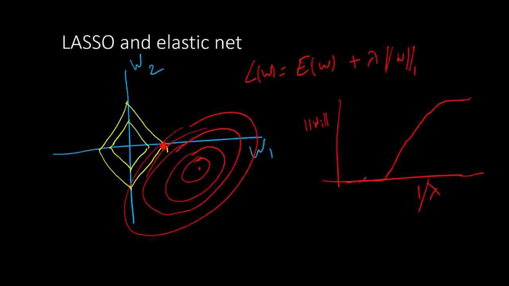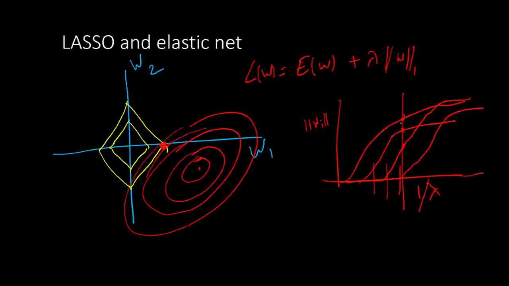Some weights will become zero earlier, some later, but eventually all of them will become zero. So depending on different values of lambda I will have different surviving weights, and those surviving weights will be the ones for which the features have not been eliminated.